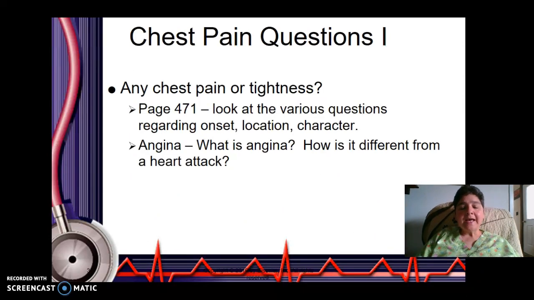So questions, again, any chest pain or tightness, look at page 471, again, talking about onset, location, character of the pain. Make sure you read through all of those so that you understand that.